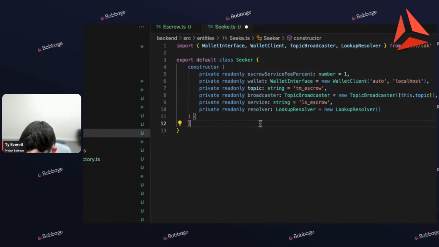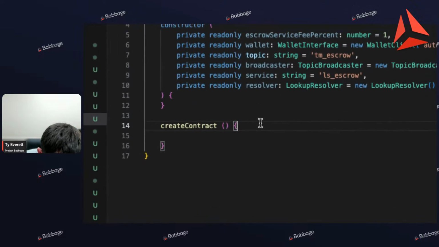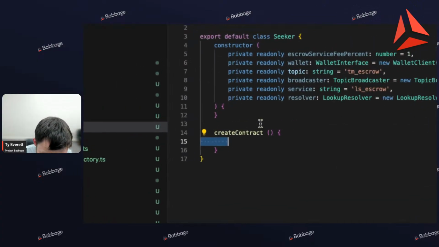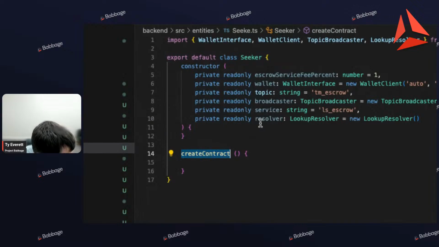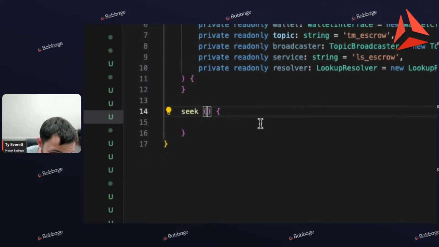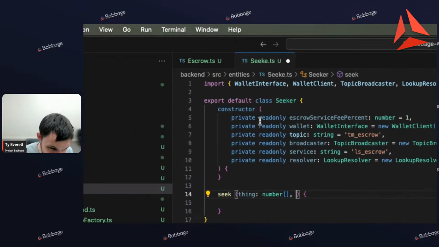When I create a contract, I am seeking that something be done. Some arbitrary thing needs to be done.